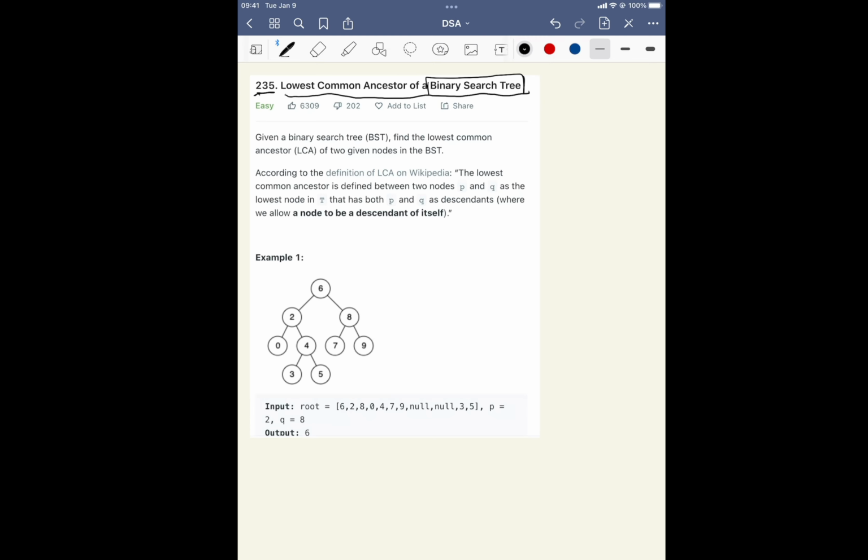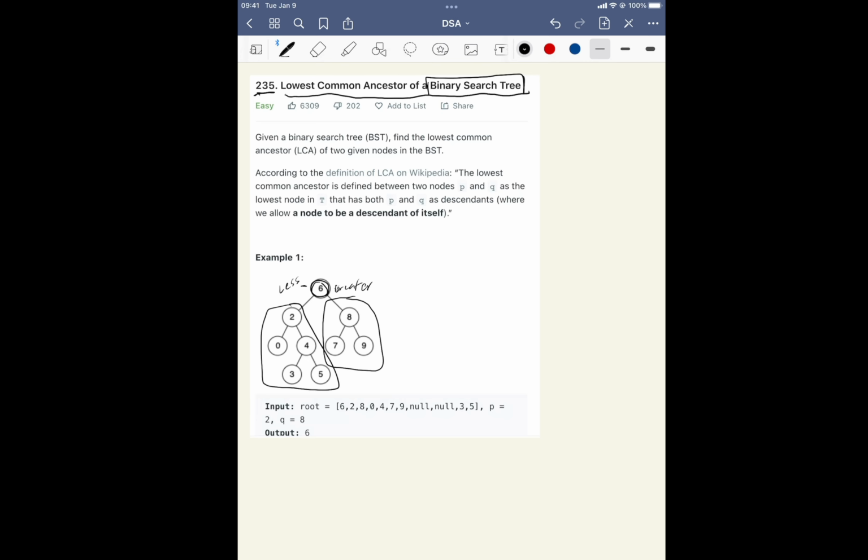if you look at the root of a binary search tree, every element that is in the left subtree is less than the root, and every element that is in the right subtree is greater than the root.